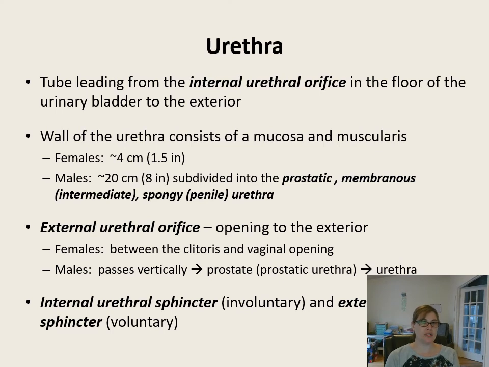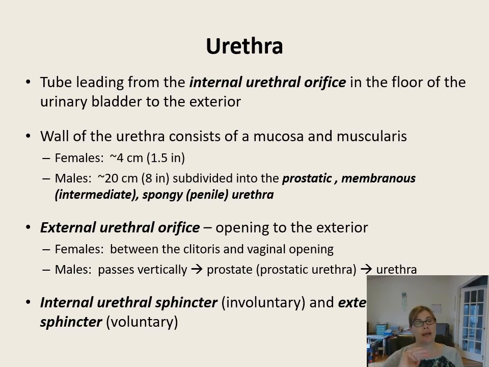For males, there are different regions to the urethra, which we'll talk about in the reproductive system PowerPoint. So we don't need to do that right this second. And the external urethral orifice opens to the exterior. In females, it's between the clitoris and vaginal opening, and in males, it's going to pass through the prostate, and we'll talk about that again later. So your internal urethral sphincter is involuntary, and your external urethral sphincter is voluntary.